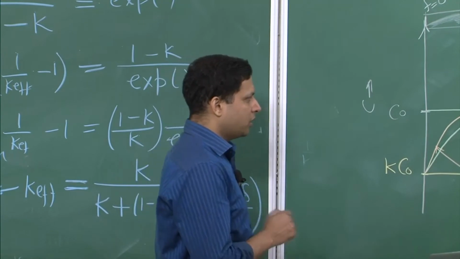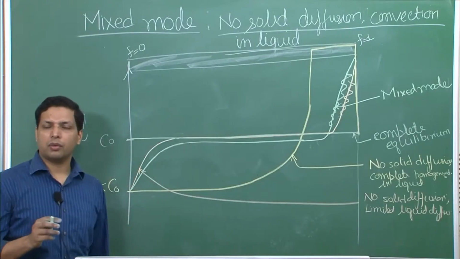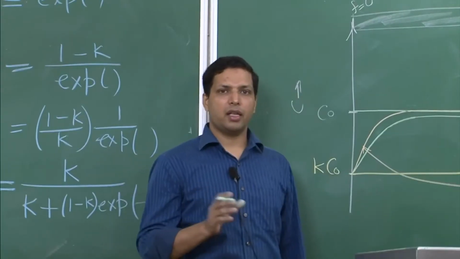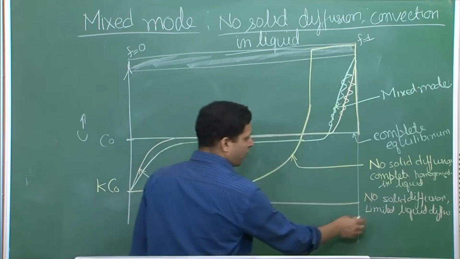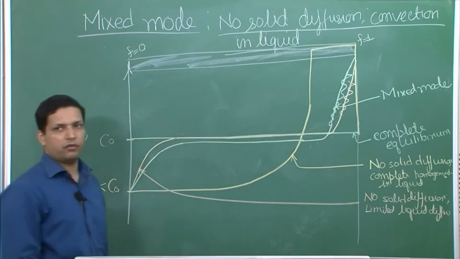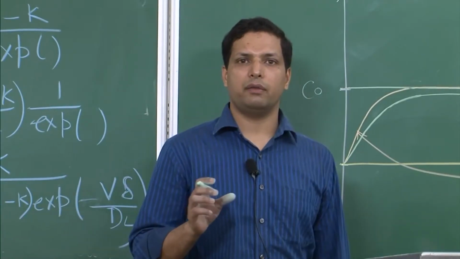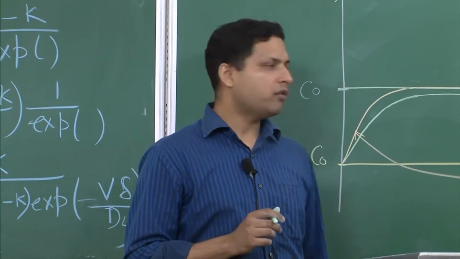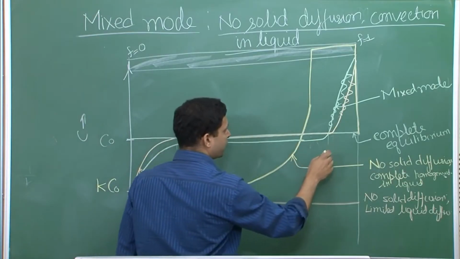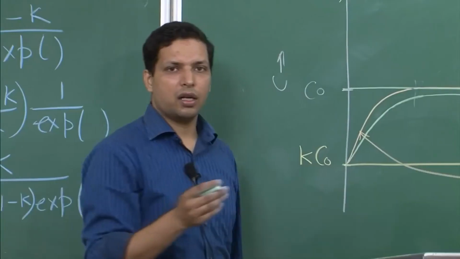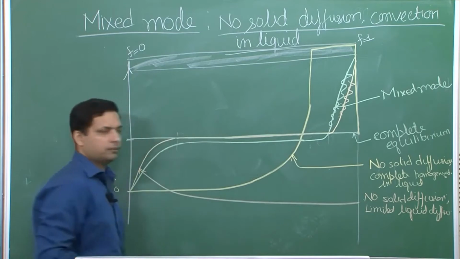At this point, before I get to the more important point, we were talking about the fact that we are taking a very long crystal for this particular case, where we have no solid diffusion and limited liquid diffusion, so that we get a steady state. What if you took a small sample where you do not get a steady state? What will happen is that this region will shrink, and shrink, until your crystal becomes so small that this region does not exist.